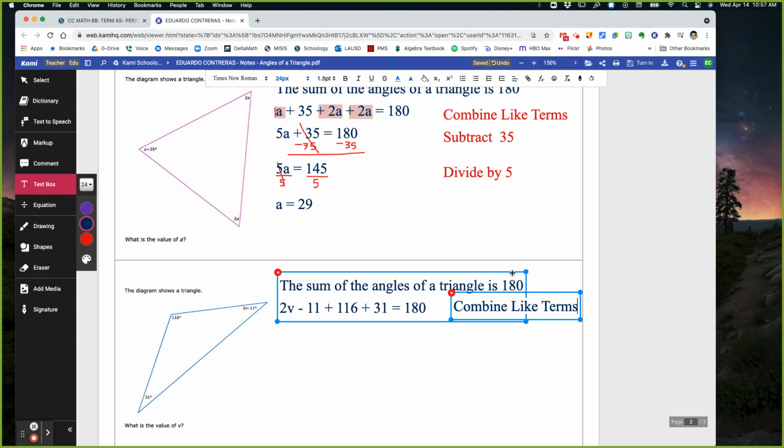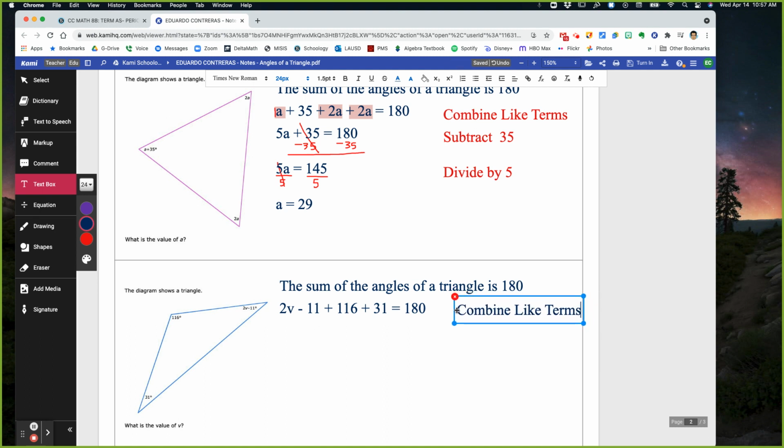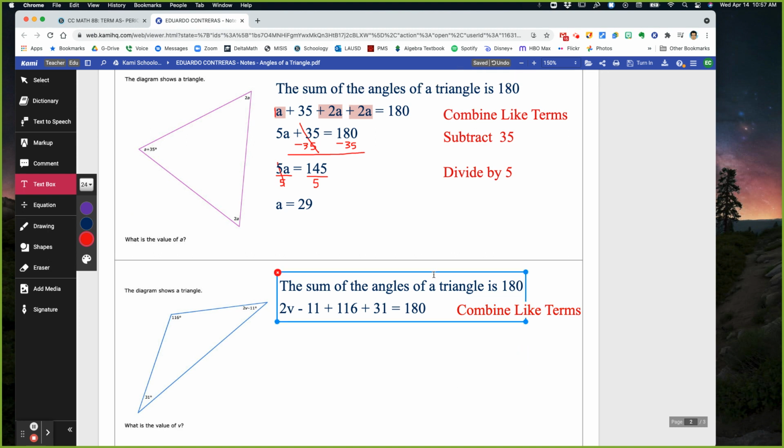Push this over a little bit, give myself a little room. I want to show this in a different color. I like the red. So I'll pick this, go to my color palette, pick red. So one will be in that blue, one will be in that red. So combine the like terms.